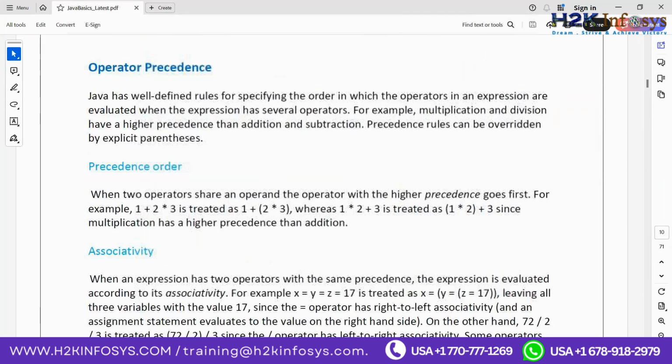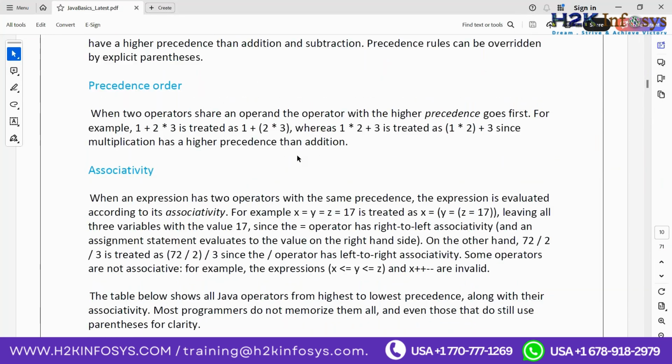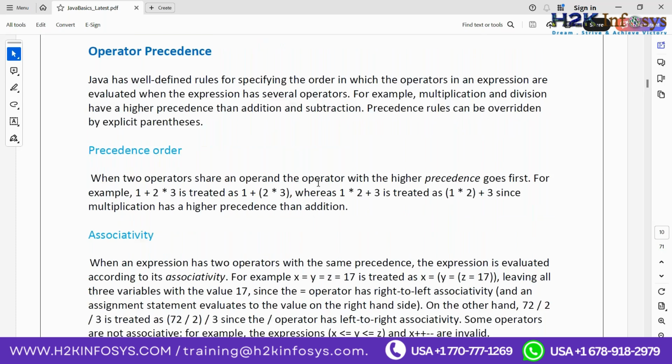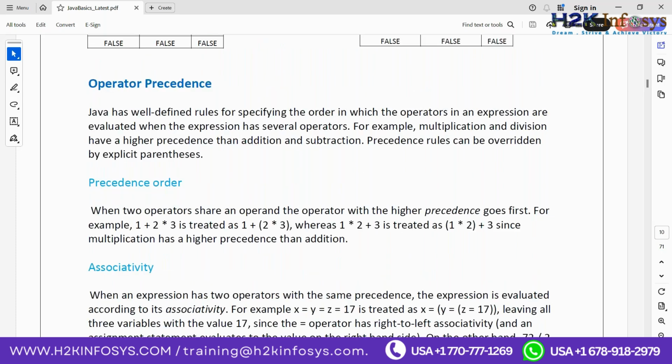Now precedence, we will finish this one also. As I said, we have a rule where whenever you are writing an expression, you need to follow certain conditions or rules.